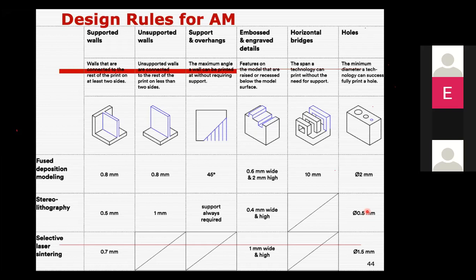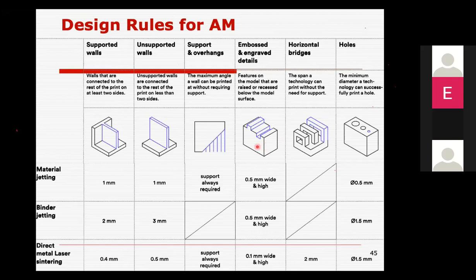So you can discuss these six features with other processes, where you can find different values. Material jetting has a different phenomenon, binder jetting is altogether a different story, and directed energy deposition and laser systems like powder bed systems have altogether different values.